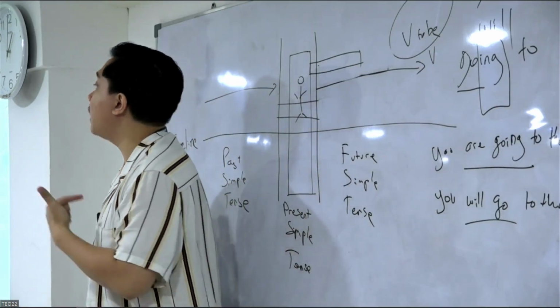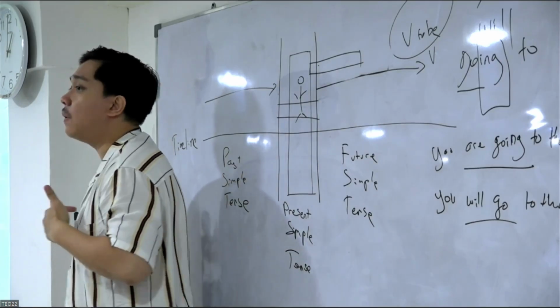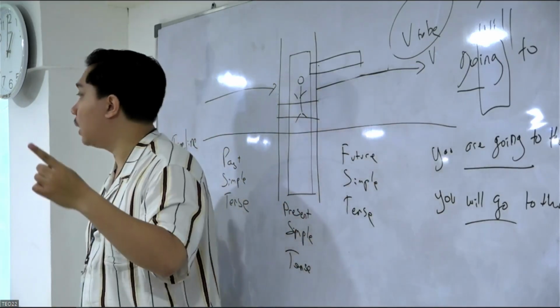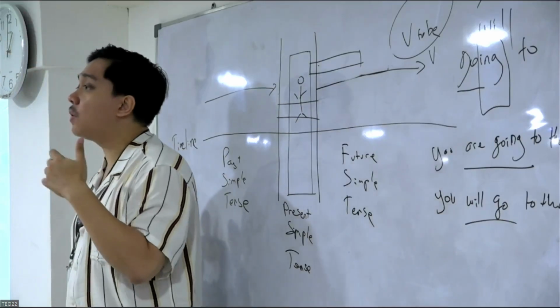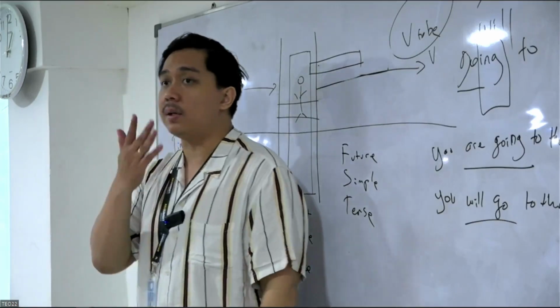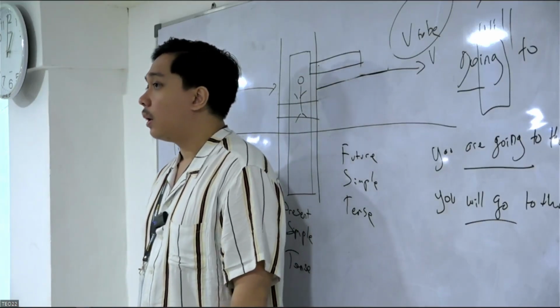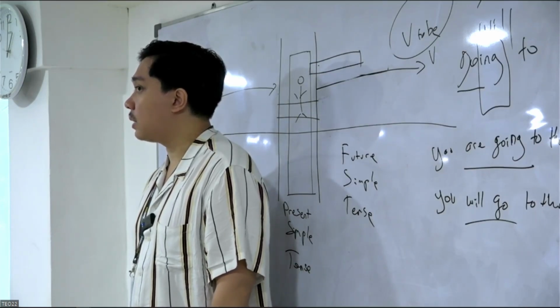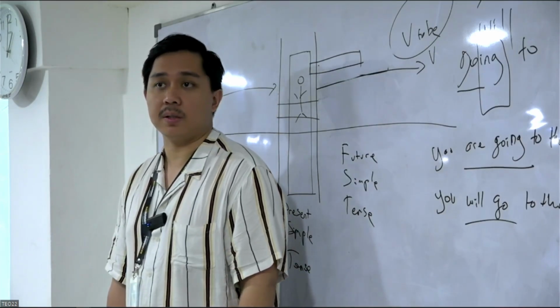I will attend chapel. The difference with I am going to the chapel: it's more like a continuous tense where you're currently going there. Are you guys getting what I'm trying to say?